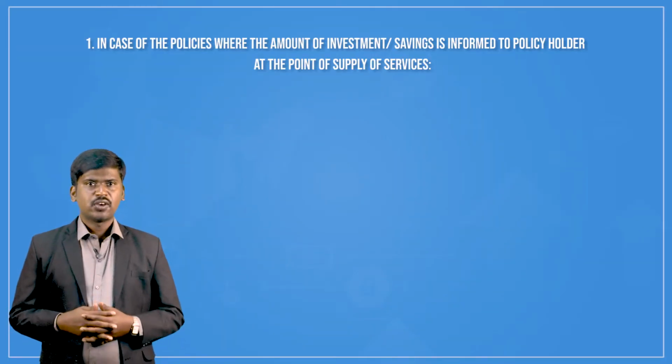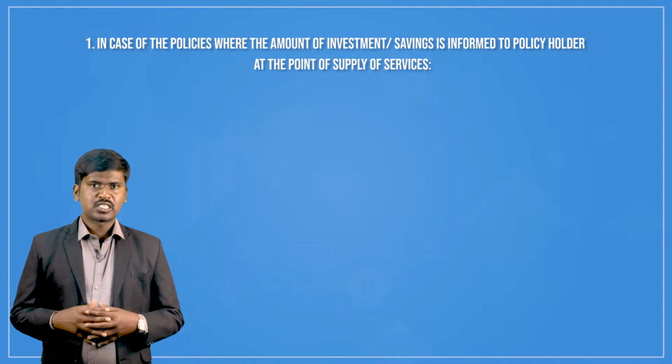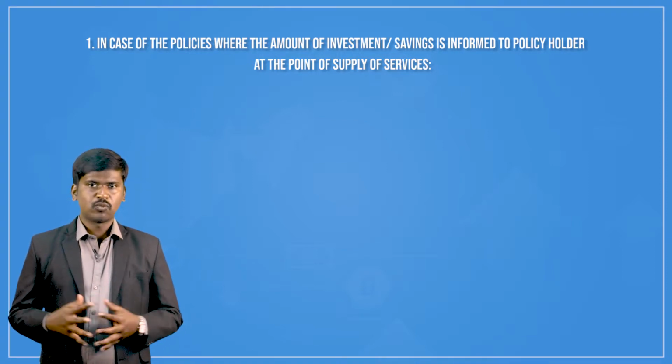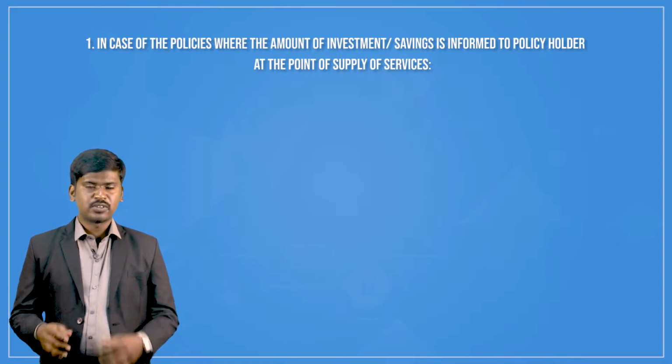Determination of value of services in relation to life insurance business. In case of life insurance services, value shall be determined in the different situations that are shown below. Number 1, in case of the policy where the amount of investment or savings is informed to the policy holder at the point of supply of services.